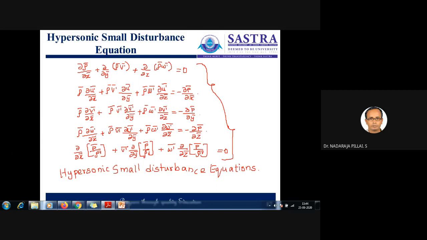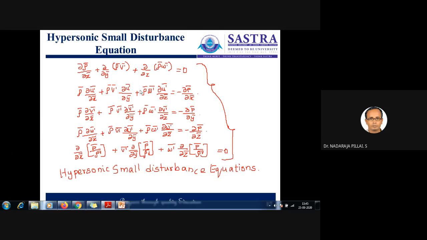And you should have noted in all these 5 equations, say u dash bar, that u dash bar is only available in the x momentum equation. But in any other equation, you see there is no u dash term, right? Therefore, in the hypersonic small disturbance equation, u dash bar is decoupled from the system.